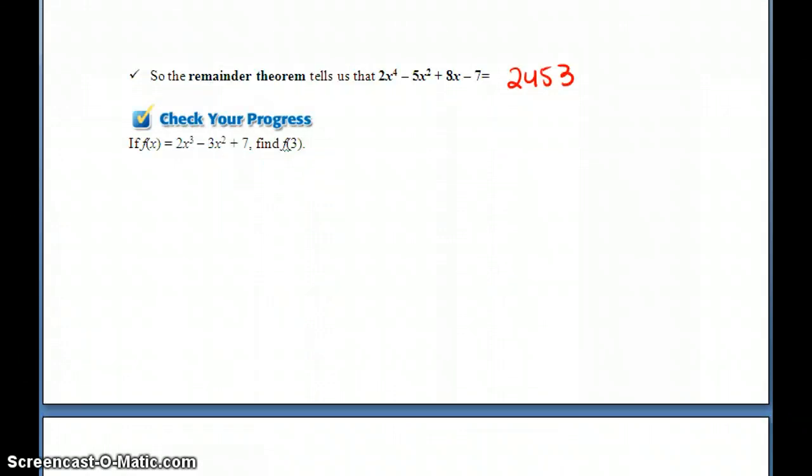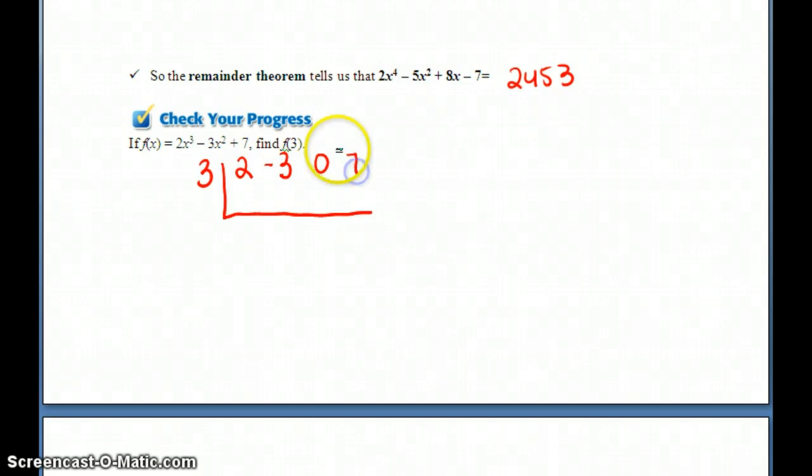So let's check your progress. Let's look at another example. We are going to do synthetic substitution, and we're going to plug in a 3 because this says find f of 3. And I'm going to use a 2, a negative 3, a 0 because there's no x, and a 7.